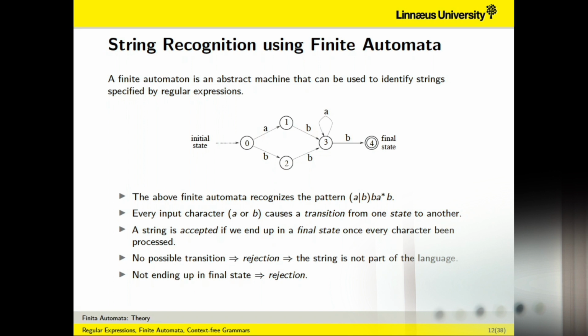So it's not a part of that language because there is no more transition. If there is no possible transition, then it's also not a part of the language, even if you are on a final state, because in your word there are still more symbols that require transition.